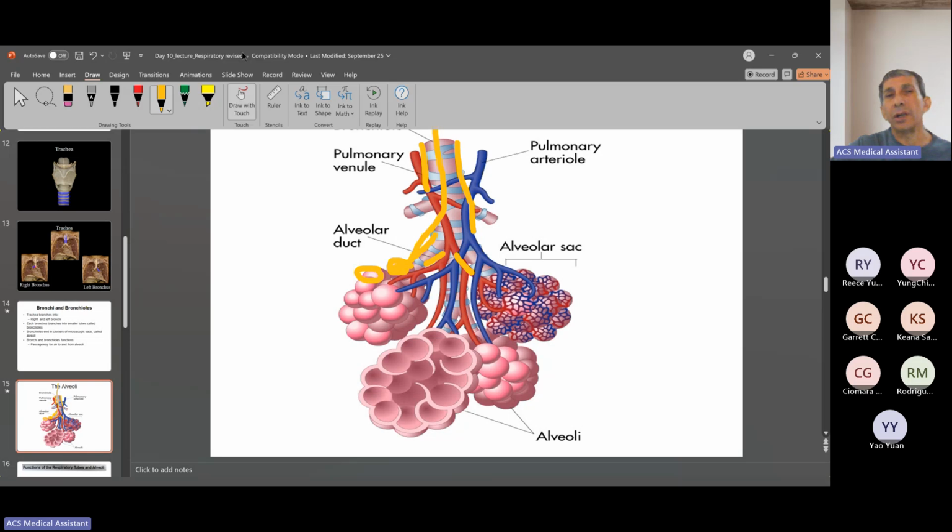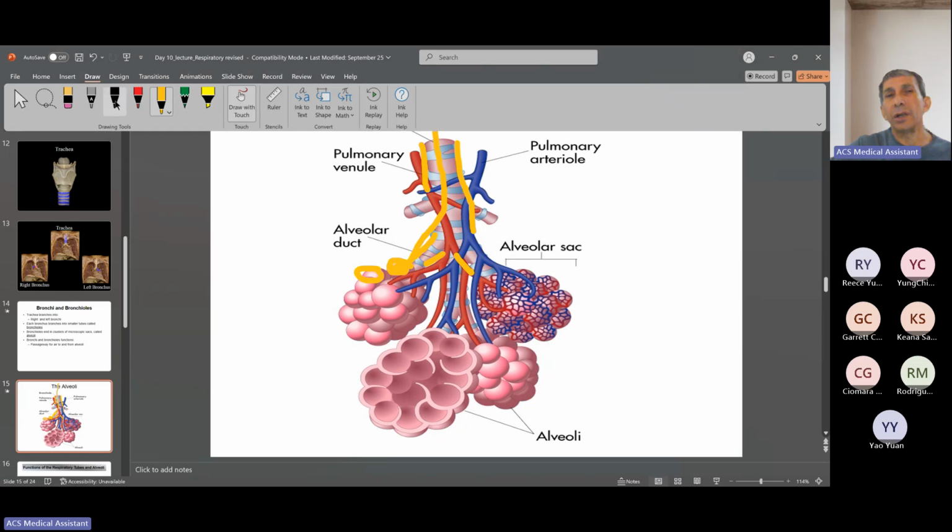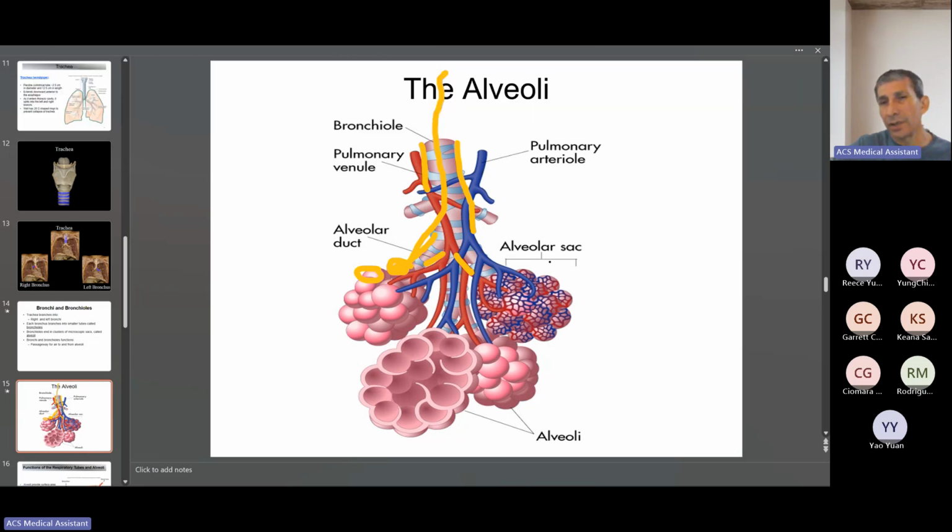Now, if you look on the other side of this, we're going to see right here that this alveoli is entangled with blood vessels. We have blood vessels all over these tiny membranes because these are microscopic. Here we have veins and arteries.